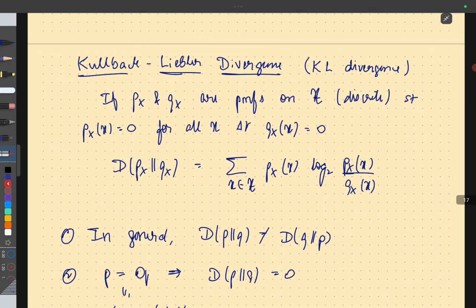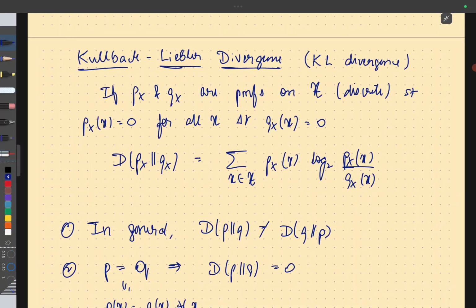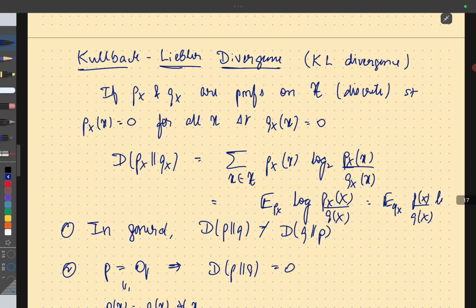Another way of writing this, which is sometimes convenient, is as the expectation with respect to P of x of log P of x by Q of x, and it can also be written in a slightly more convenient form as the expectation with respect to Q of x of P by Q log P of x by Q of x.